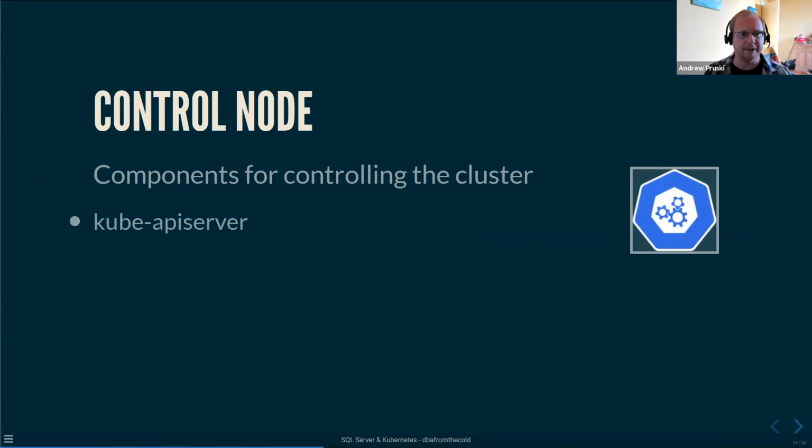So we have things like the kube API server. Now, this is what we interact with when we run kube control commands. It is the endpoint for the cluster. Everything in Kubernetes is basically an API resource. And when we make kube control commands, we make basically HTTP requests to certain URLs that pull information back about those components.